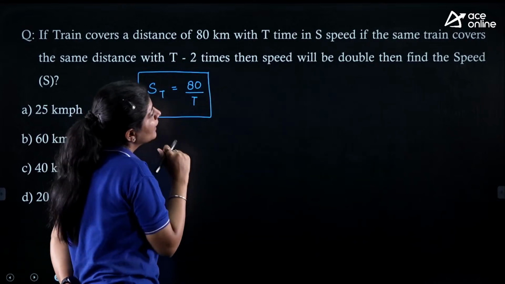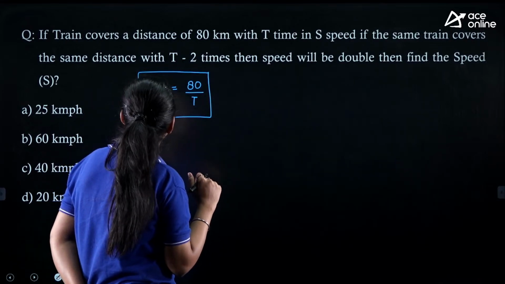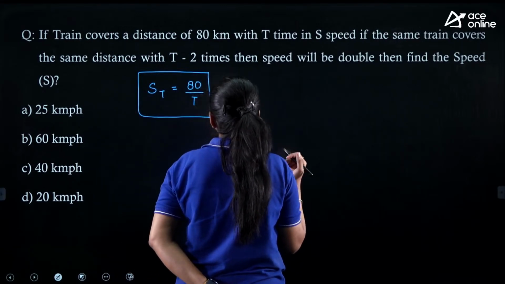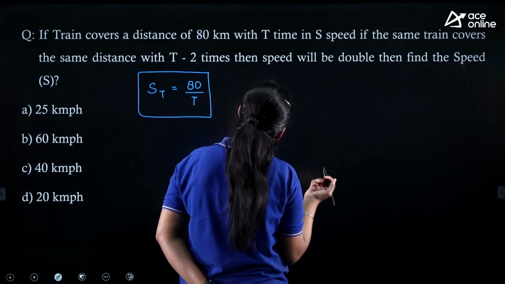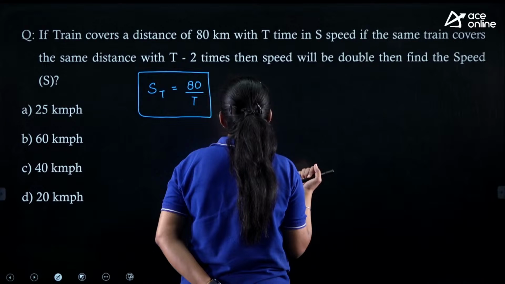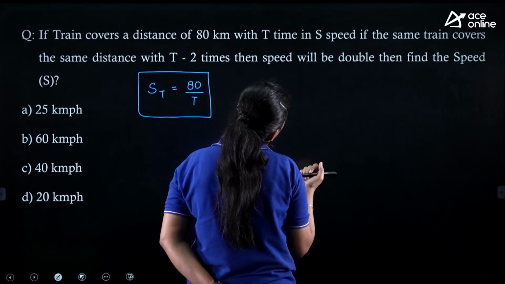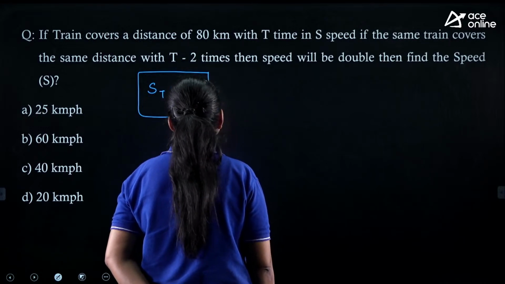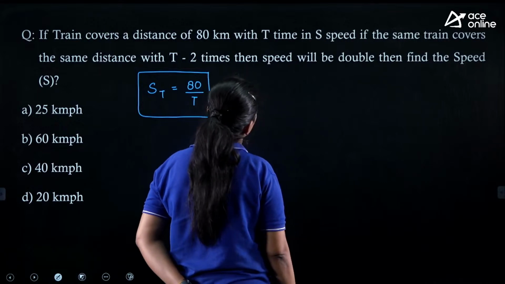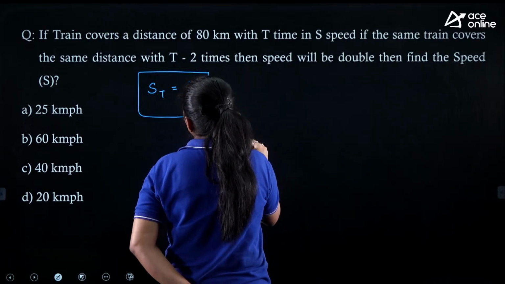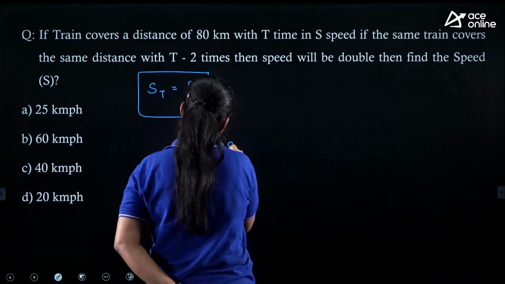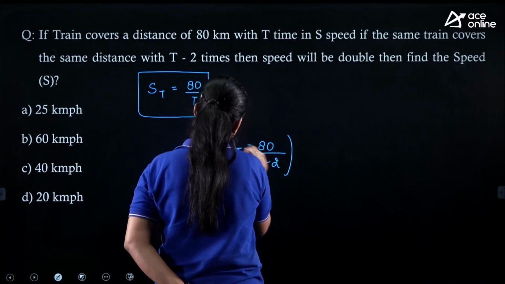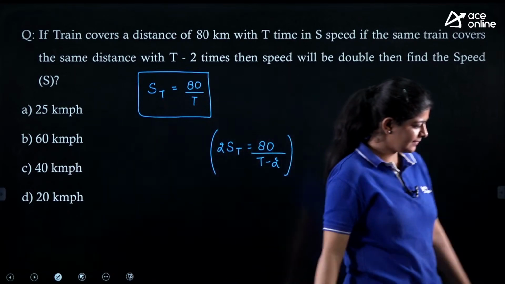Now, if the same train covers the same distance in t minus 2 time, then the speed will be doubled. So 2s is nothing but 80 divided by t minus 2. This is what the question is trying to say, I guess, right?